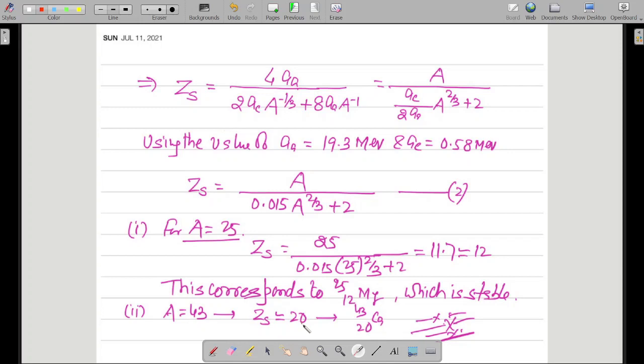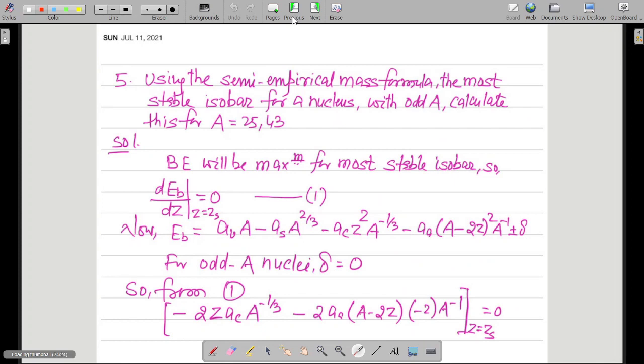Zs equal to 20 approximately. When you substitute 43 over here, you get Zs equal to 20, so that the atomic number 20 corresponds to the calcium element. The atomic mass number of calcium is 43, atomic number is 20. So Ca 20, 43 is the most stable isobar in this particular case.